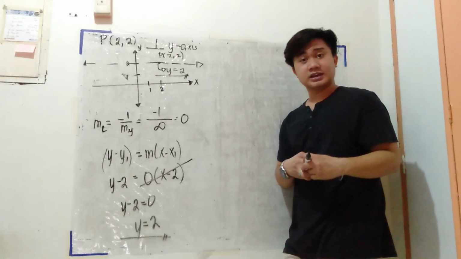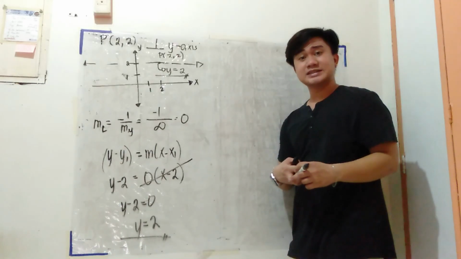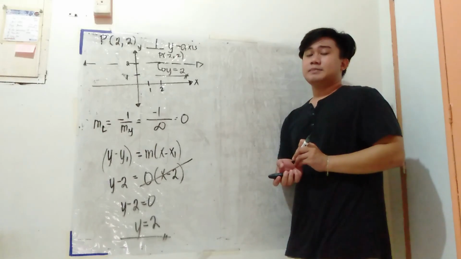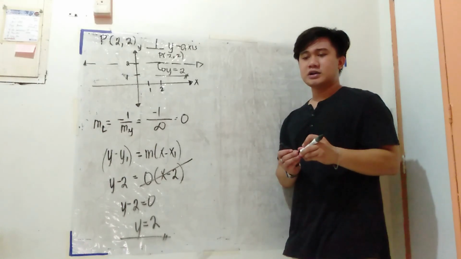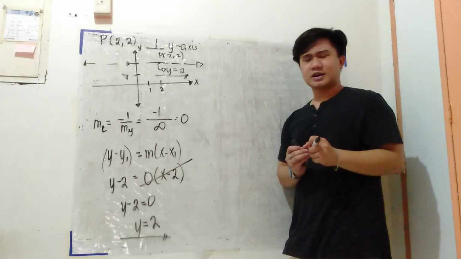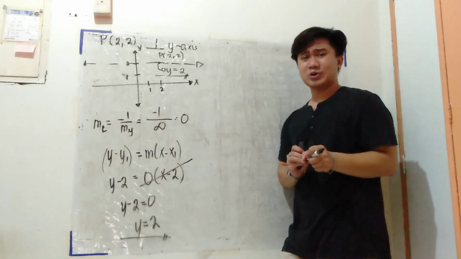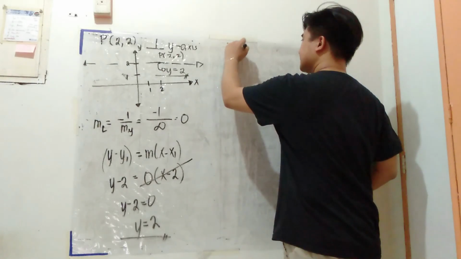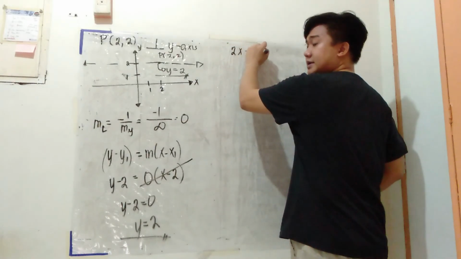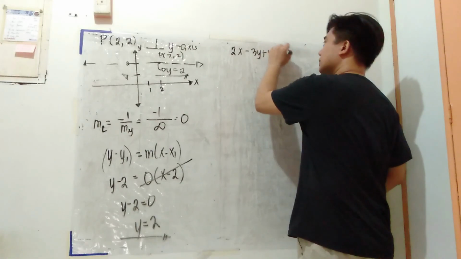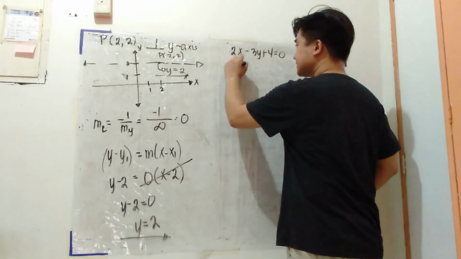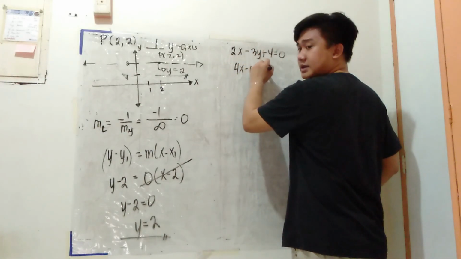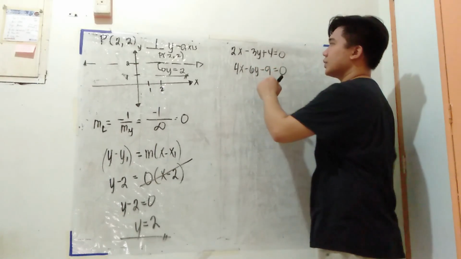So let us check the slopes so we can tell whether they are perpendicular, parallel, or intersecting lines.